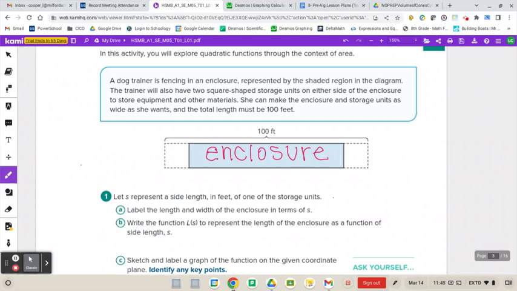All right. So here we go. An important thing to know is that the shaded region is called the enclosure. Anyway, the trainer also has 2 square-shaped storage units on either side of the enclosure, so that's the dotted line, to store equipment. She can make the enclosure and the storage unit as wide as she wants, but the total length has to be 100 feet.